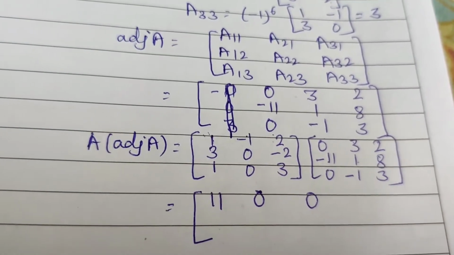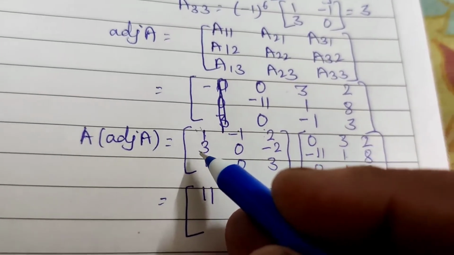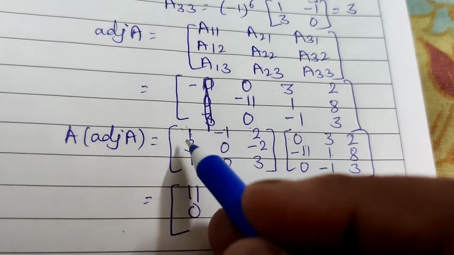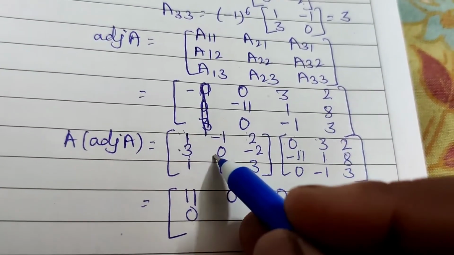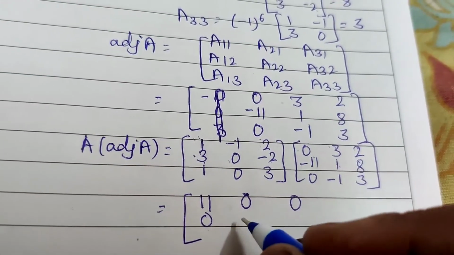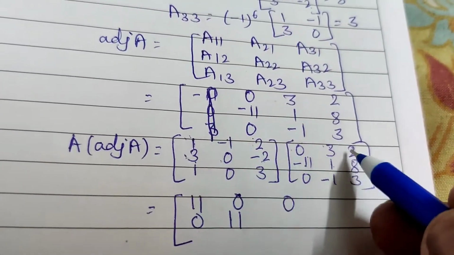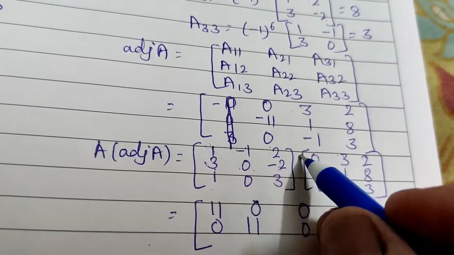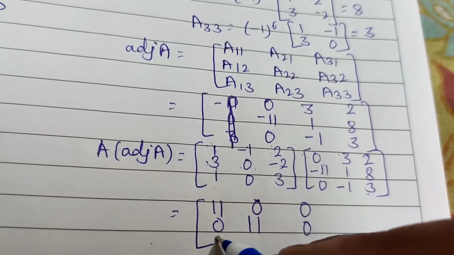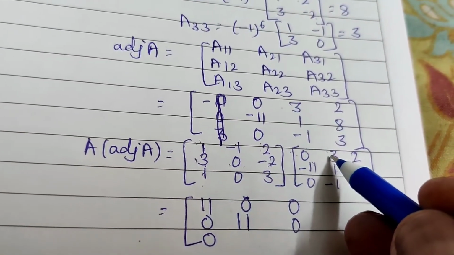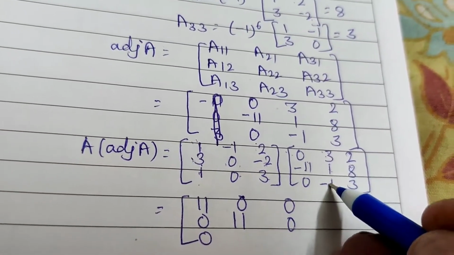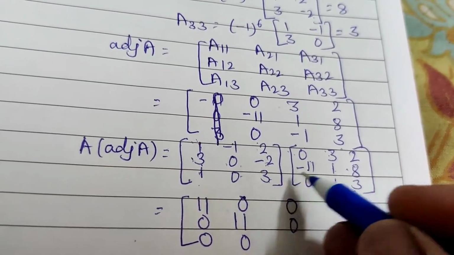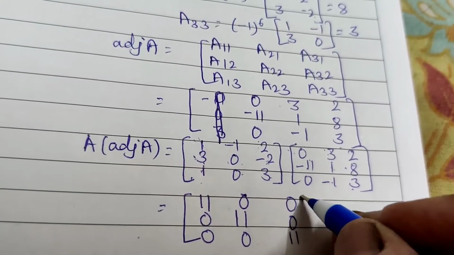Okay. Next 3 0 0 0. 9 0 plus 2, it is 11, and 6 0 minus 6 0 0 0 0. 3 0 minus 3 0, and 2 0, 9 and 2 11.